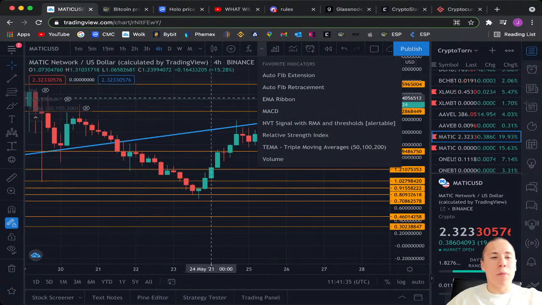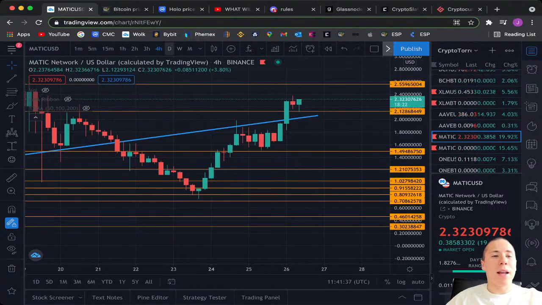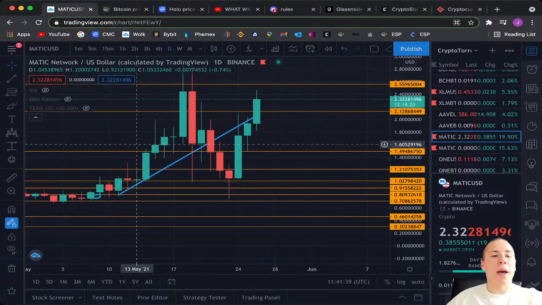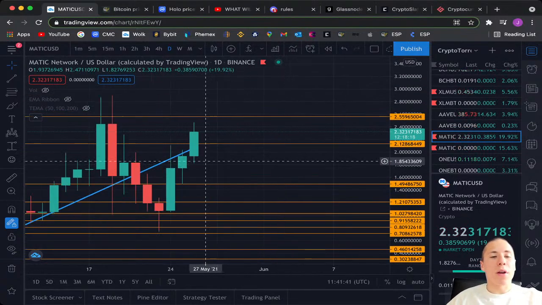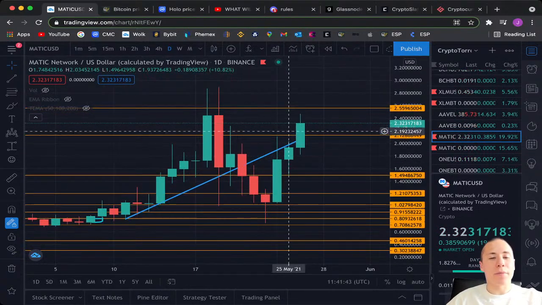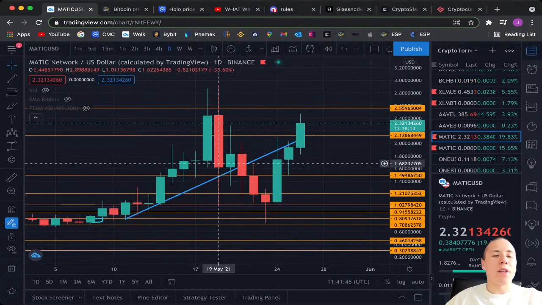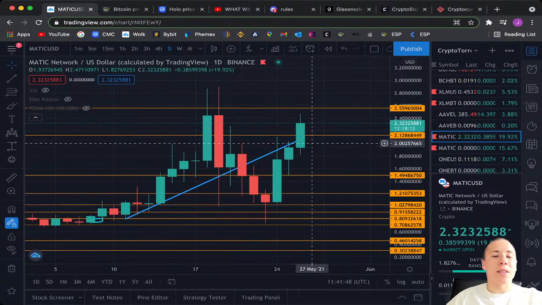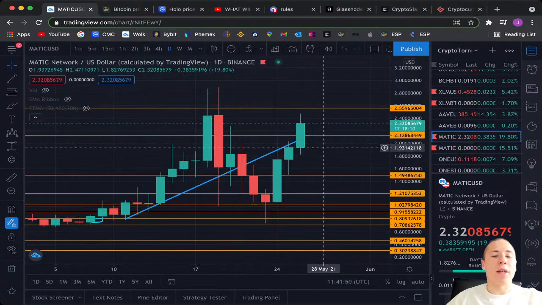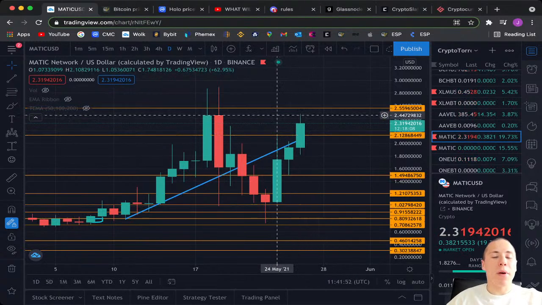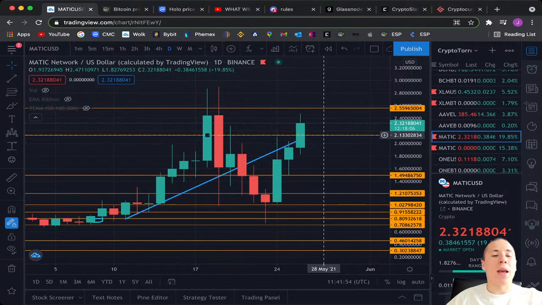And as well, I will be enabling the daily time frame on the Matic compared to US dollar chart. We are currently seeing we are breaking above, as I said, this upward sloping resistance, maybe finding support on top of it by closing the daily candle on top of this upward sloping resistance.